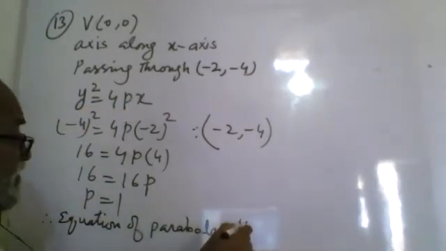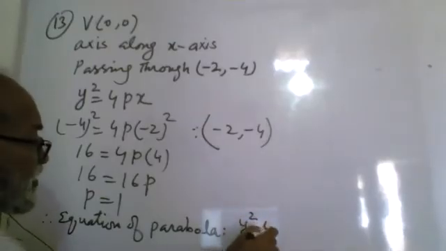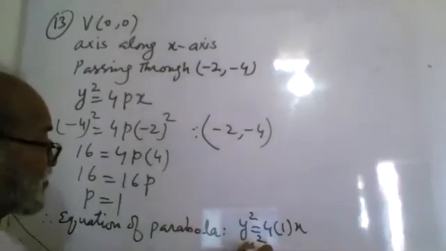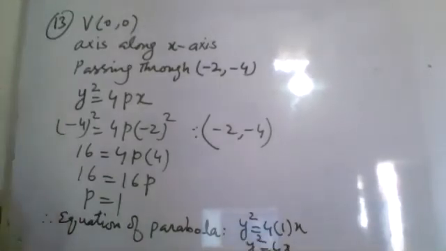Y square is 4 into 1 into x. So y square is equal to 4x. This is the equation of the parabola.